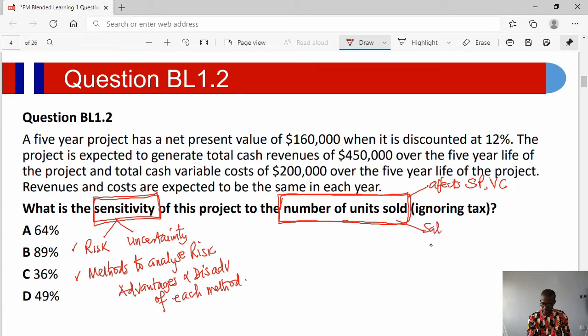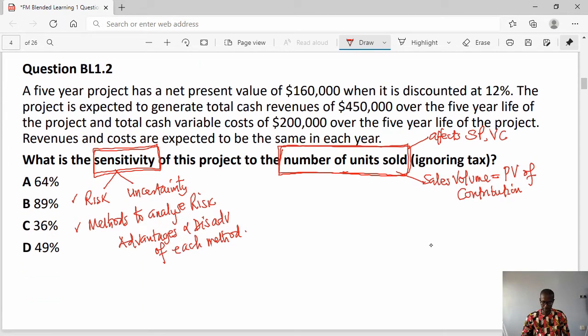Now, from our tuition, whenever you want to find sensitivity of sales volume, it is evident that you must use the present value of your contribution. Another thing that you must know about a sensitivity question is the formula.